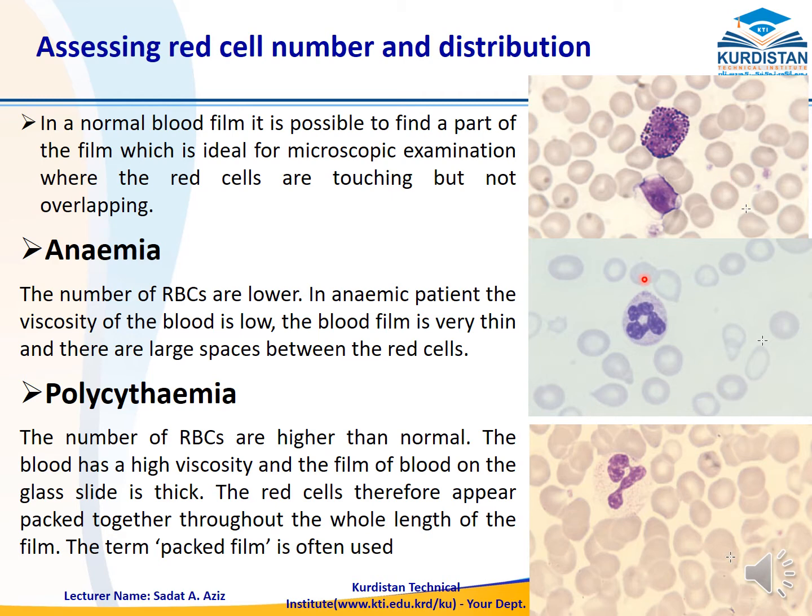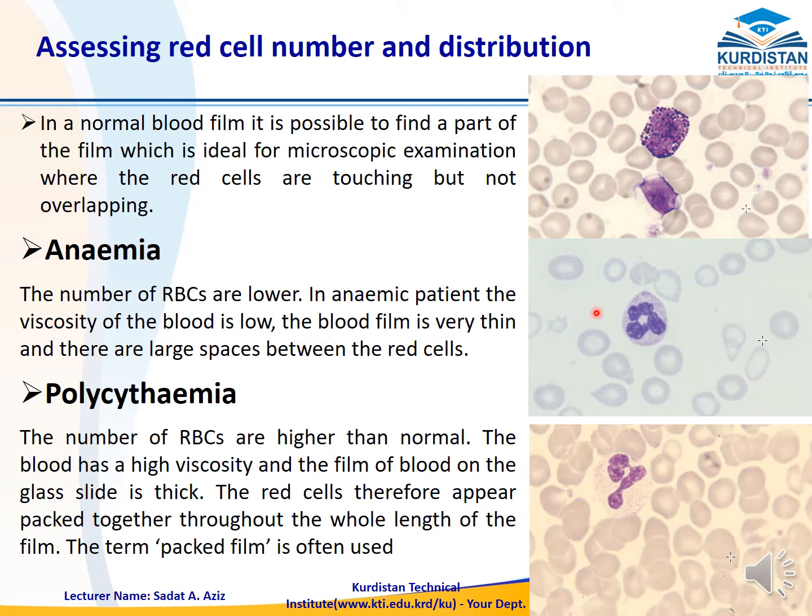Okay, so in the case of anemia, the number of red blood cells is very low, and the viscosity of the blood is also low. When the viscosity is low, it means the number of cells might be low, because mostly the viscosity of the blood comes from the hemoglobin.